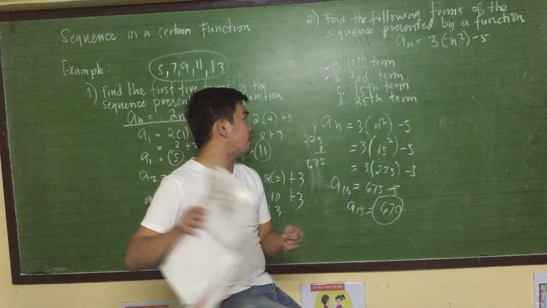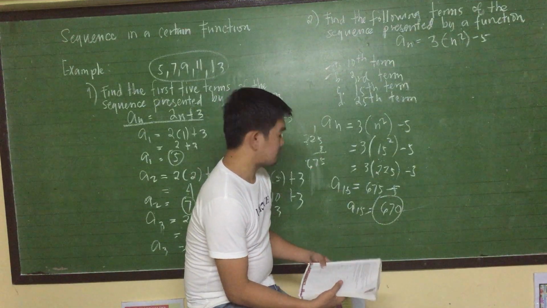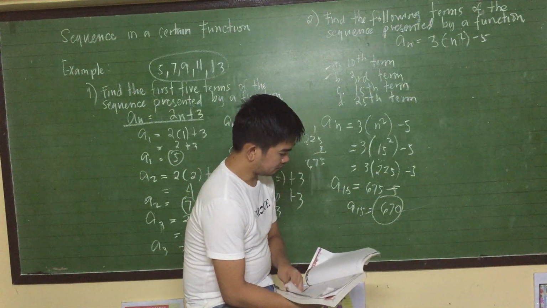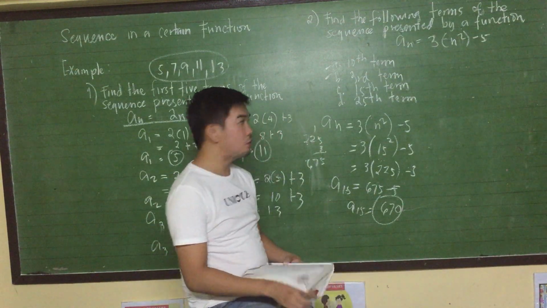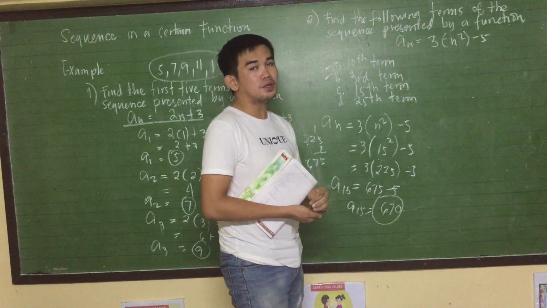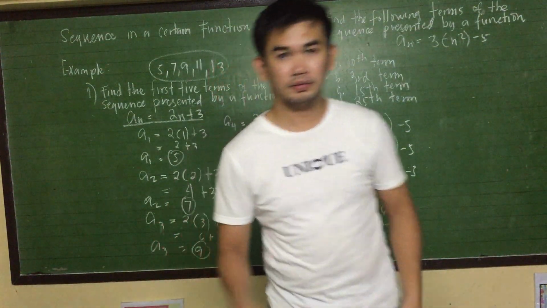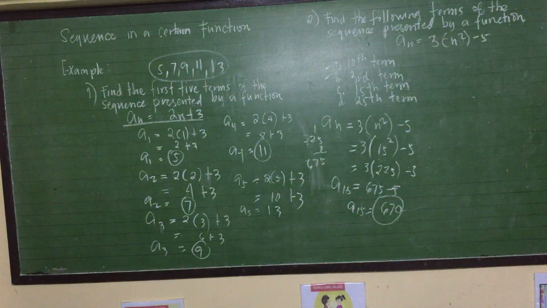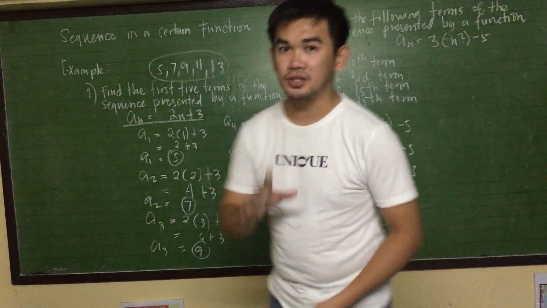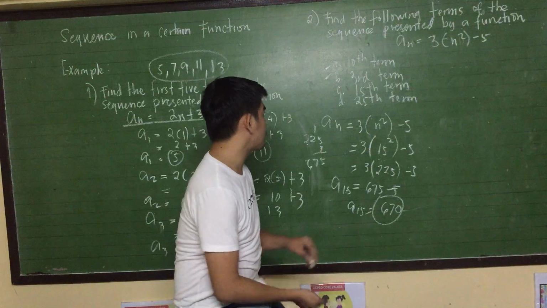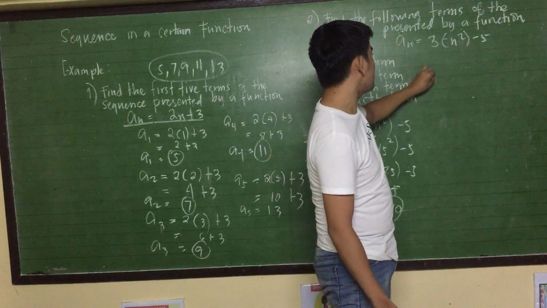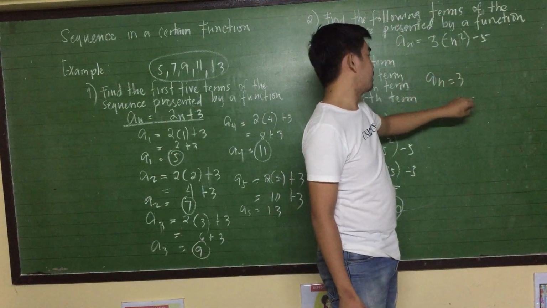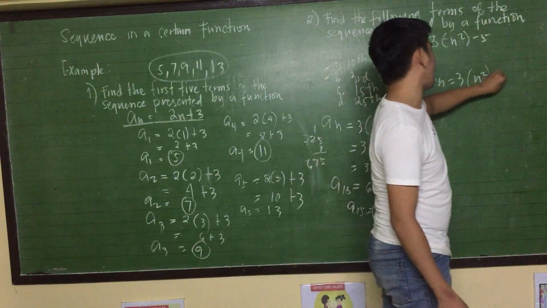So we will now have the last missing term, which is the 25th term. Using the same function, a sub n is equal to 3 times n raised to 2 minus 5.